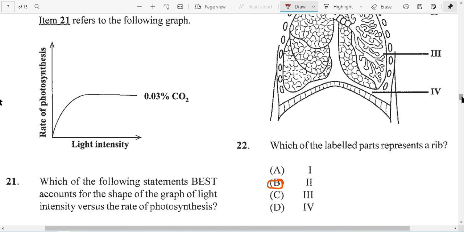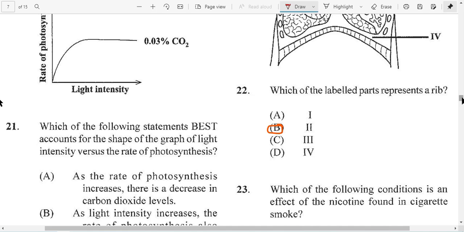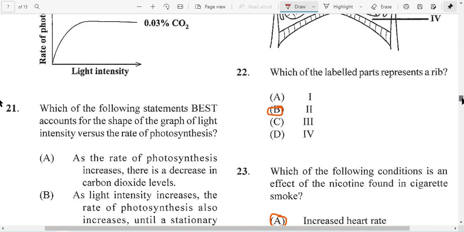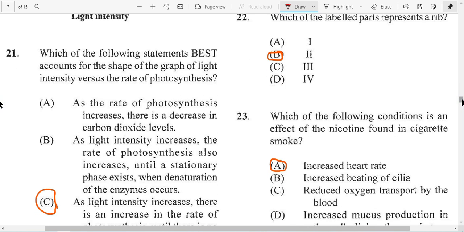We move to question 21, which refers to this graph that you might have seen in your text. We're seeing there carbon dioxide being the limiting factor, and we're looking at light intensity and the rate of photosynthesis. The question reads, which of the following statements best accounts for the shape of the graph of light intensity versus rate of photosynthesis? A: as the rate of photosynthesis increases, there is a decrease in carbon dioxide level. No, we're not seeing that on the graph.